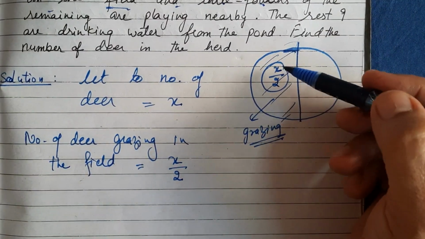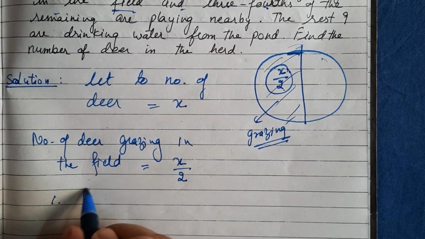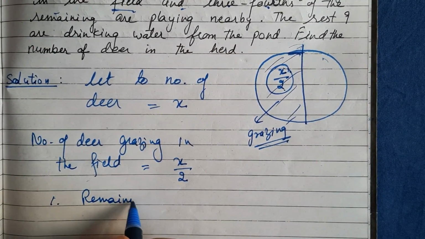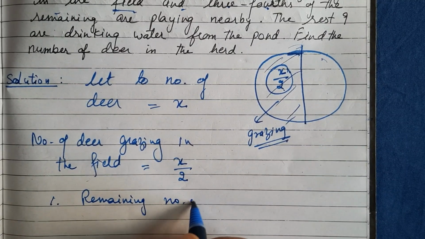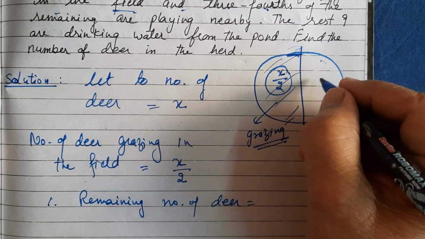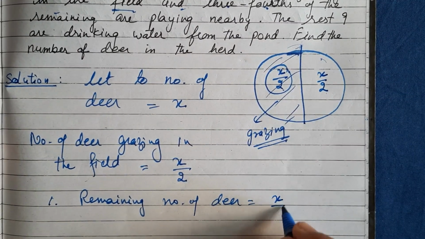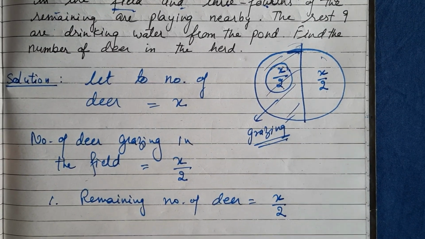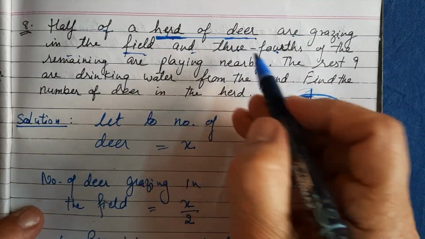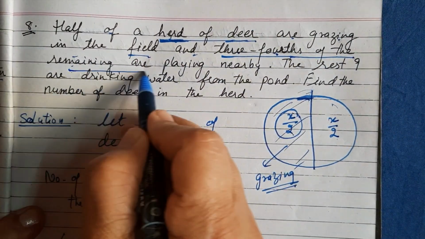Now if half of x are grazing, what is remaining? Therefore the remaining number of deer will be half. This is also half, so this is the leftover half. Then 3/4 of the remaining.